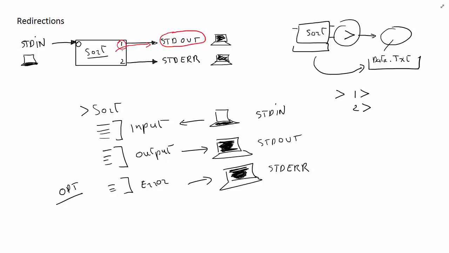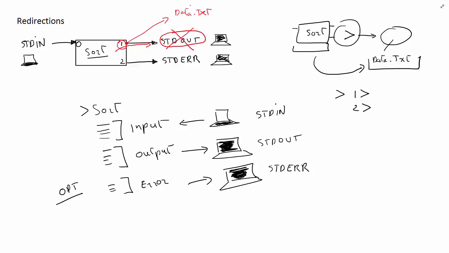By default echo is displaying on that output channel. The only thing is that instead of connecting that output channel to STDOUT, which is my screen, I want to say forget about STDOUT and connect this output channel instead to a file. And like I said, I'm going to call that file for now data.txt.